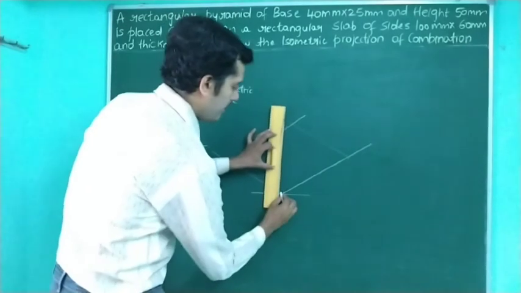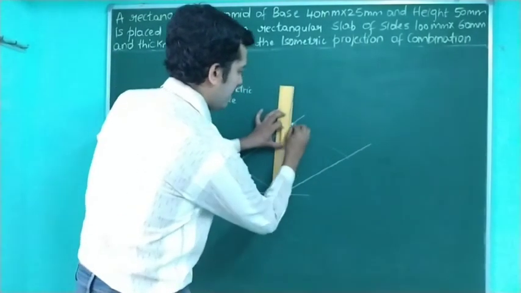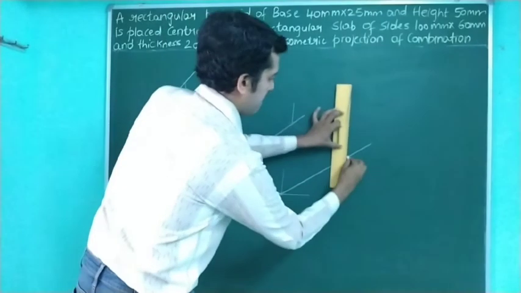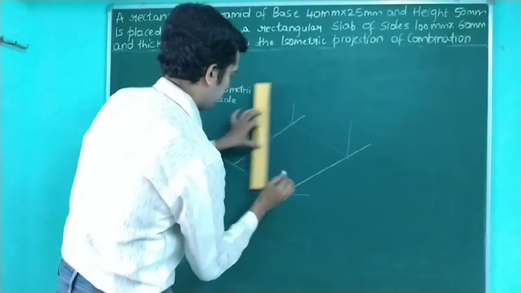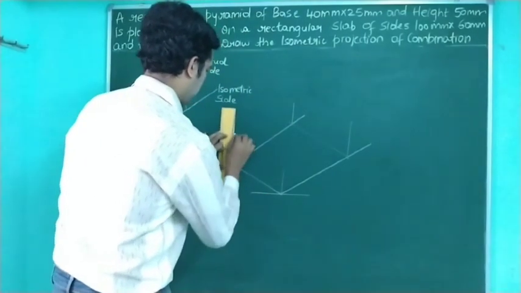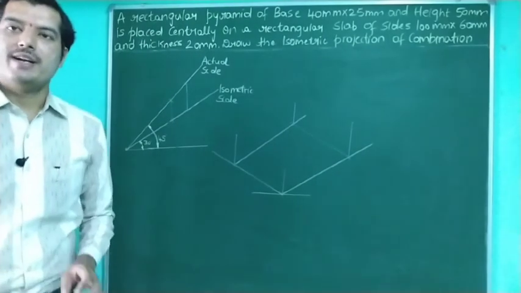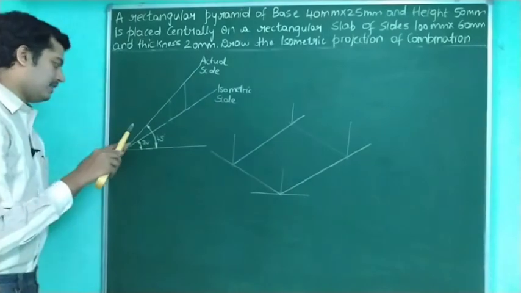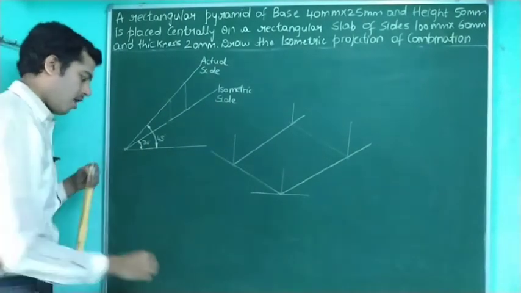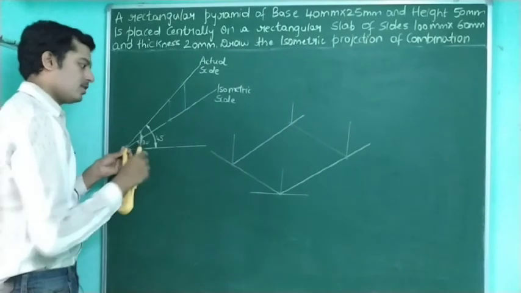Now from all the four corners, draw the vertical height. The height is given as 20 mm. So measure 2 centimeters in your normal scale, cut it on the actual scale, drop a perpendicular, and measure the iso 20.